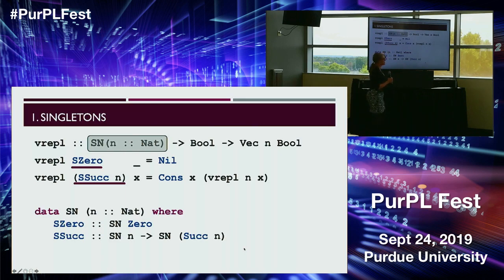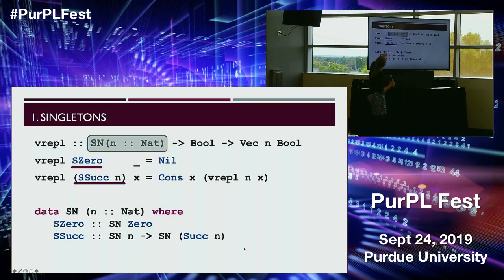This new data type is called a singleton, because, for example, if this was singleton 3, then there would only be one value inhabiting it. It would look like a 3. For example, the only thing that has type singleton 0 is this singleton 0 constructor. And if we have a singleton of successor, well, that's going to be inhabited by the successor.